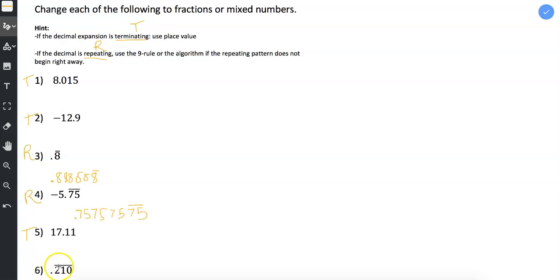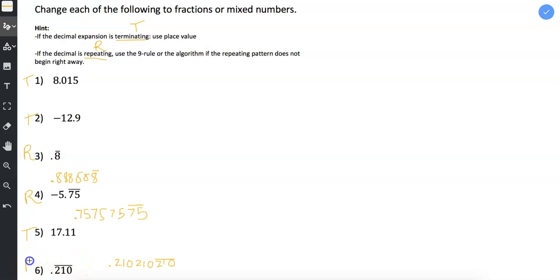And then number 6, this pattern repeats, 2, 1, 0. So it would look like this: 2, 1, 0, 2, 1, 0, 2, 1, 0 forever. Remember, the repeat bar is over the part that repeats. So this pattern is what repeats.